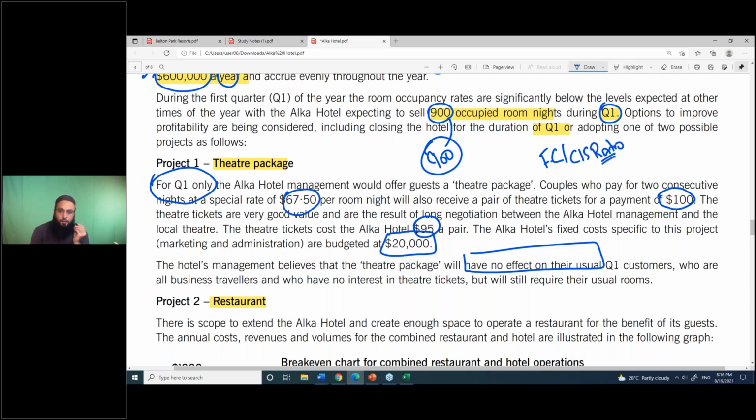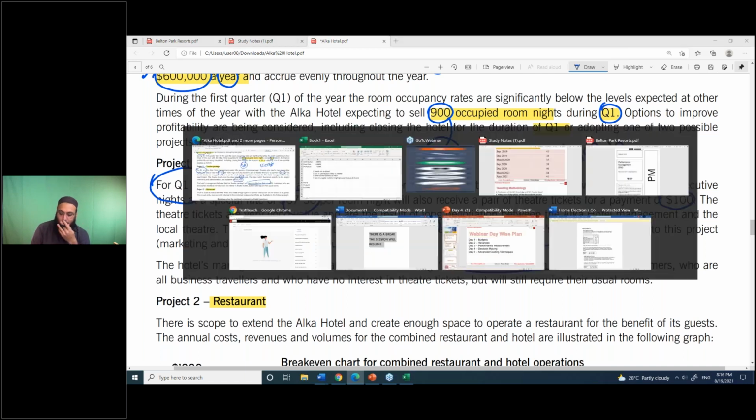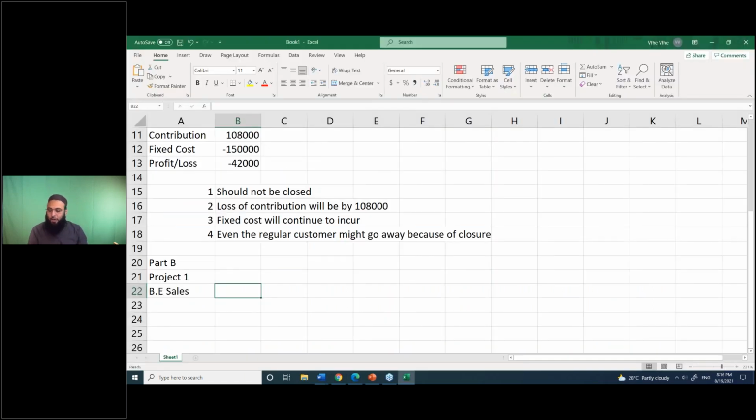Okay, that's fine. Now, fixed cost we know, CS ratio we need to work out. So for that, what I need first of all is per unit selling price, right? So how will I work out sales per unit? So let's do the calculation for that, sales per unit of room.